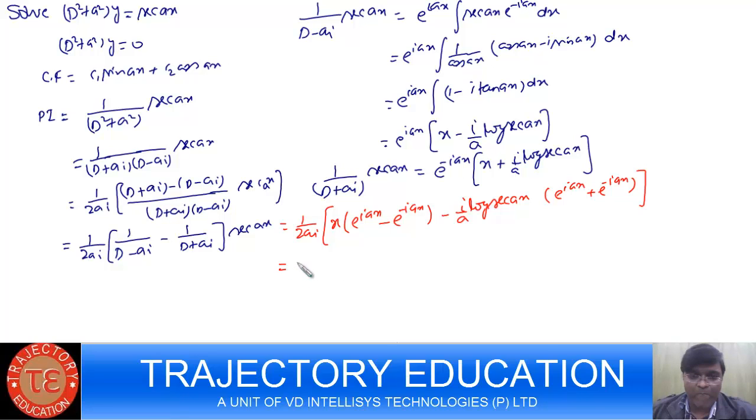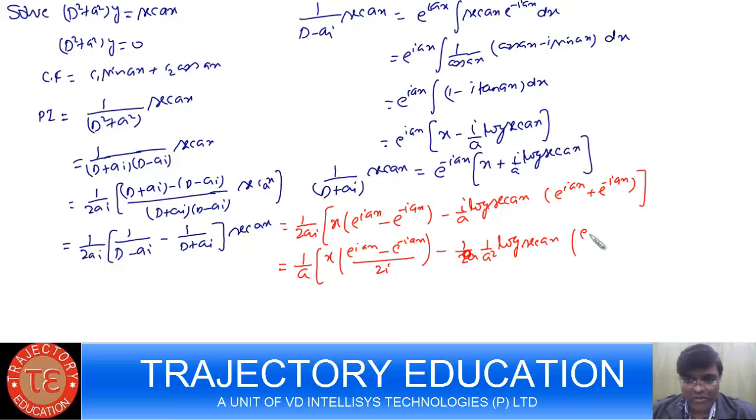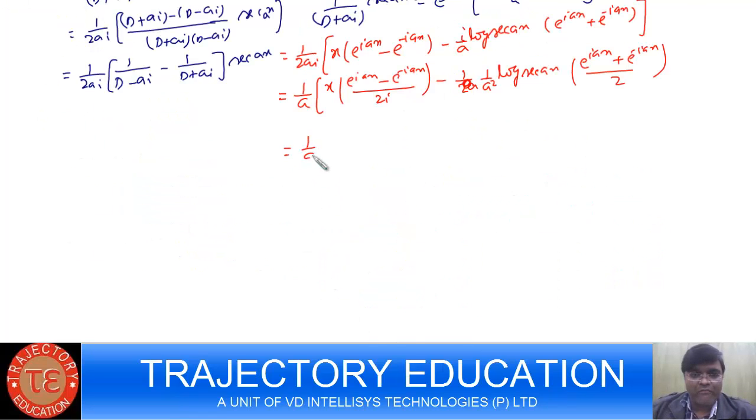So this comes out to be (1/a) x (e^(iax) − e^(−iax))/(2i), and the i will cancel out, so this will be 1/a² log sec ax times (e^(iax) + e^(−iax))/2, right?